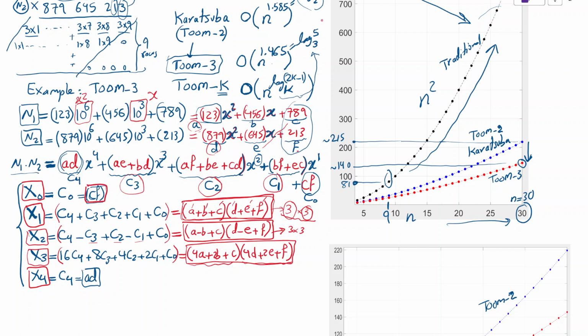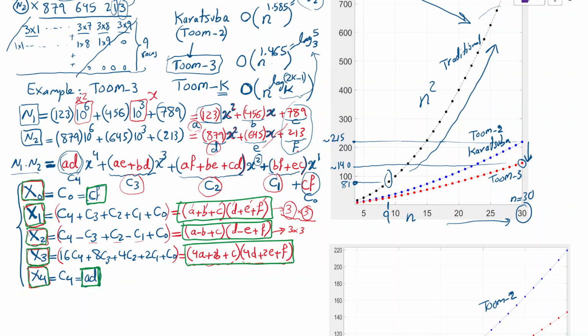Or if you want them further highlighted, I'm going to highlight them with green color: this one, this one, this one, and this one. These are the 5 3 by 3-digit multiplications that we need to literally compute, so that we have the values of x0, x1, x2, x3, and x4.